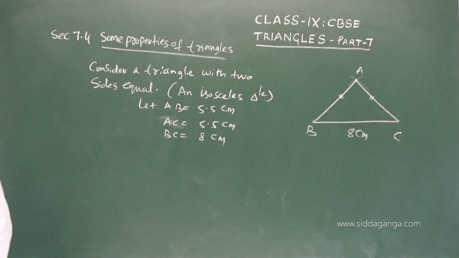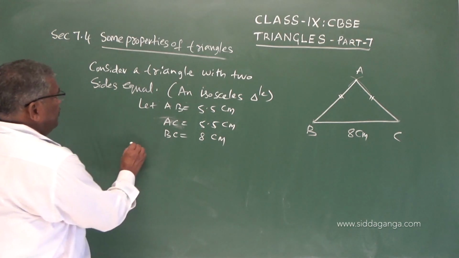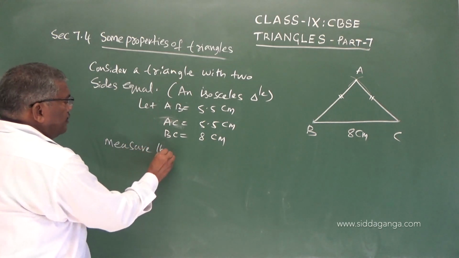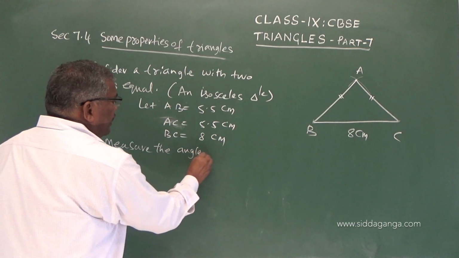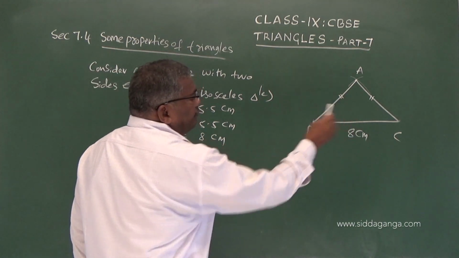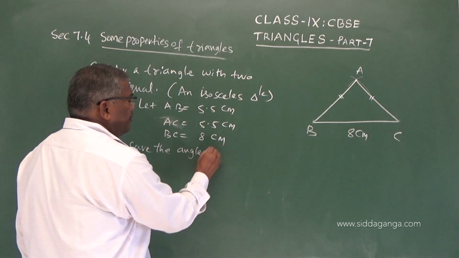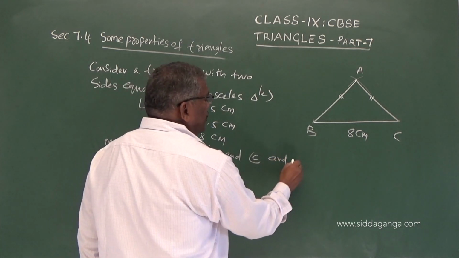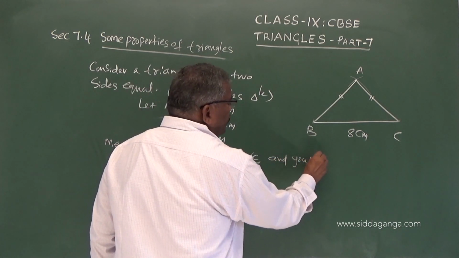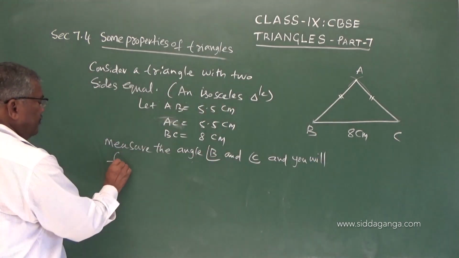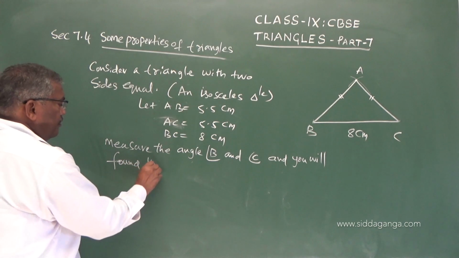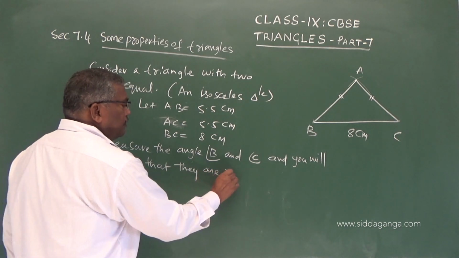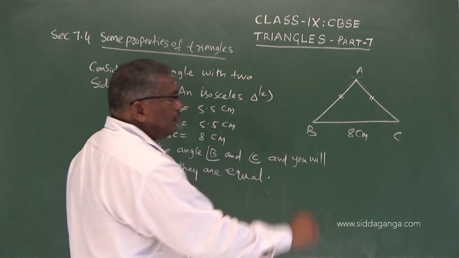Now, the next thing is to measure the angles. This is practical work you have to do. Measure angle B and angle C, and you will find that they are equal.